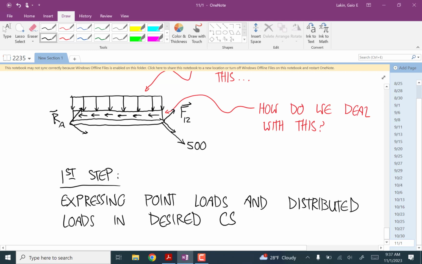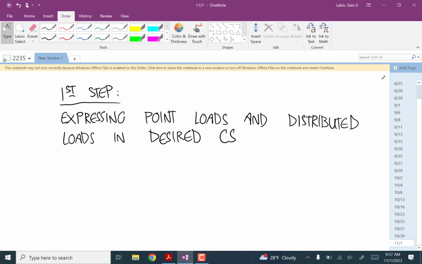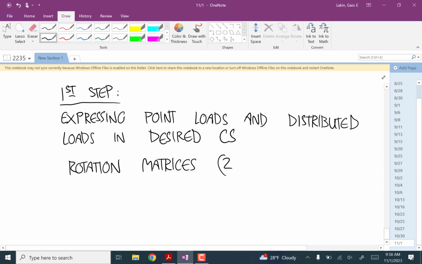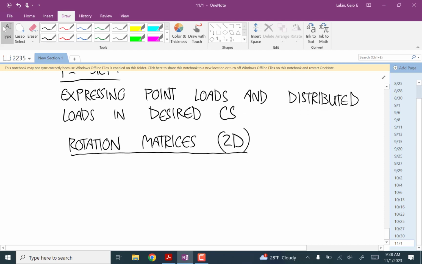And we're going to do that using rotation matrices. I'm going to do this in this class in 2D. In mechanics of materials, you'll have to do it in 3D. It's conceptually the same thing, but a little more involved thinking about the directions and stuff.